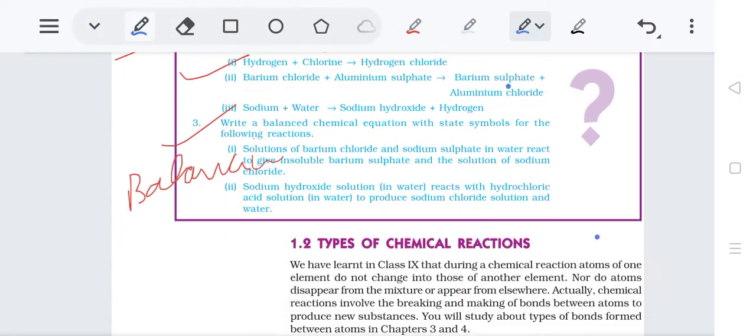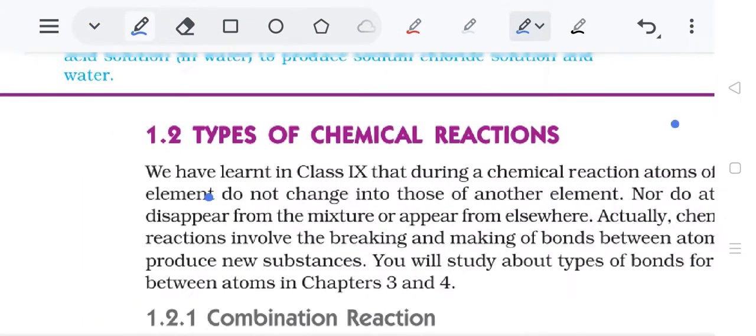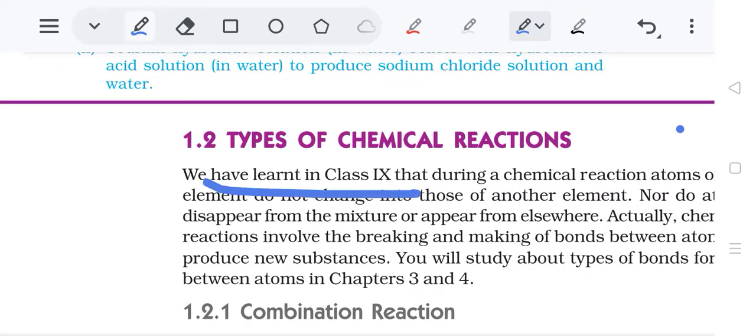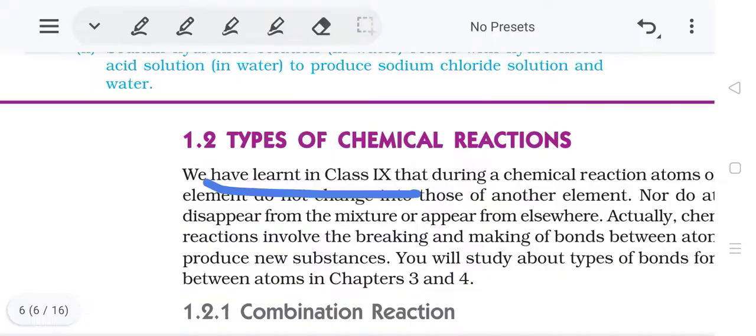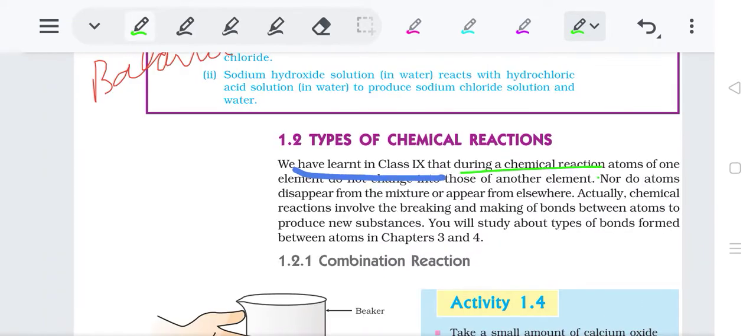Moving further, we have types of chemical reactions. We have learnt that during a chemical reaction, atoms of one element do not change into another element, nor do atoms disappear or appear from elsewhere, because a chemical reaction involves breaking and making of bonds between atoms to produce new substances.